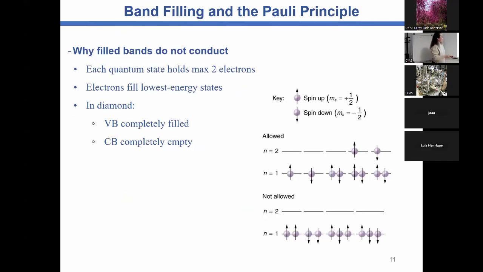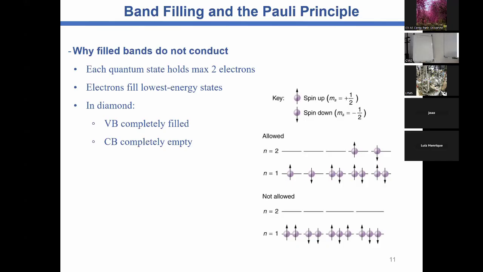So I talked about it earlier, but here I'm giving one example of how we can fill the orbital states using electrons.